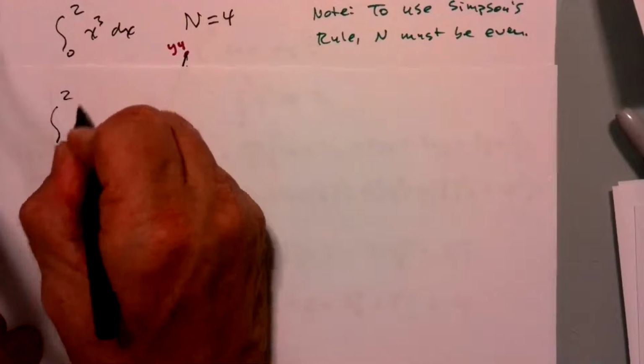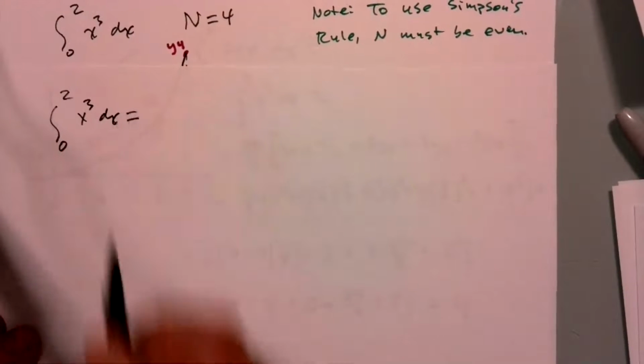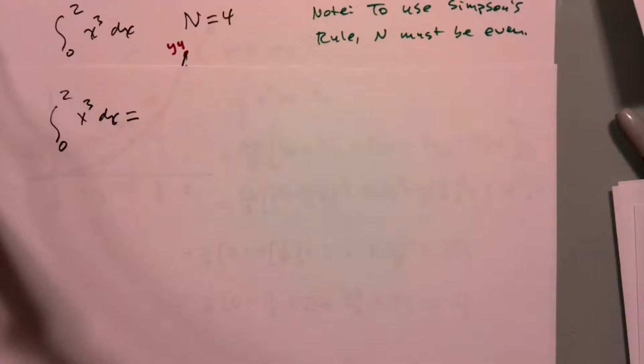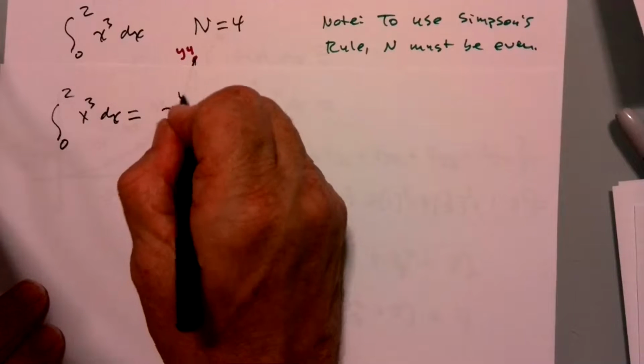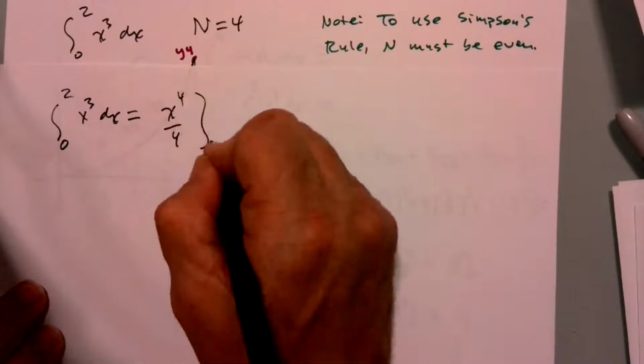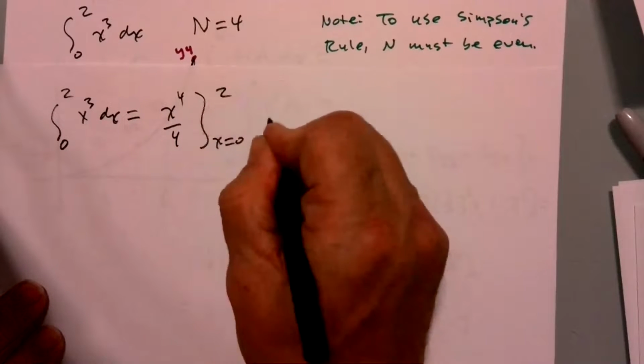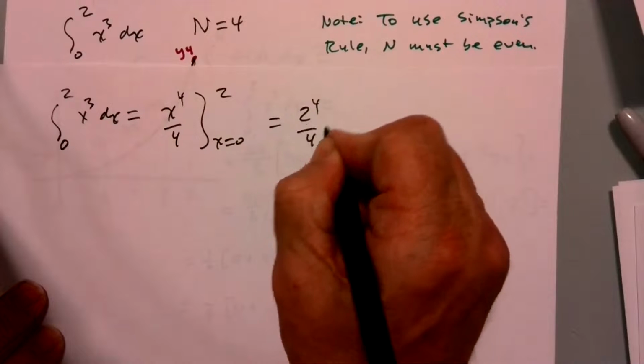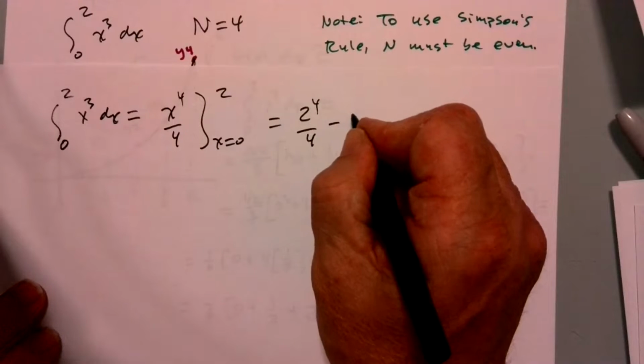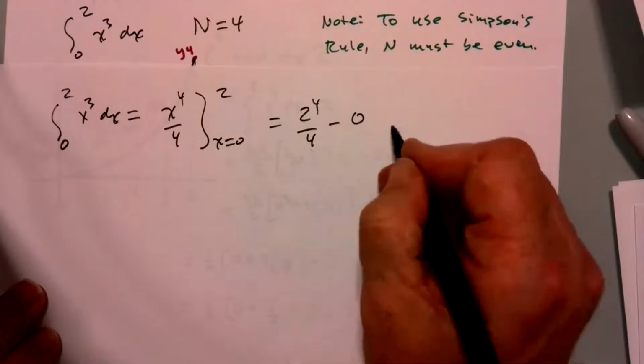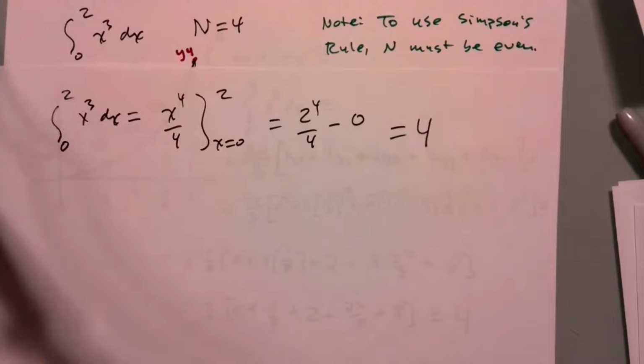Antiderivative is x to the 4th over 4, evaluated as x goes from 0 to 2. 2 to the 4th over 4 minus 0. 16 over 4. Answer is 4. So in this case, it appears as if our answer is exactly right. So is that always the case? Most certainly not. That is not always the case, but it was in this circumstance.